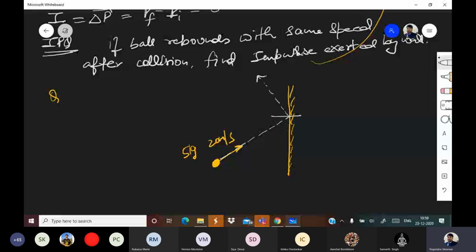If this angle is 53 degree, this angle is also 53 degree, and this is also 20 meter per second. Find the impulse exerted by the wall on the ball. Please solve it quickly.